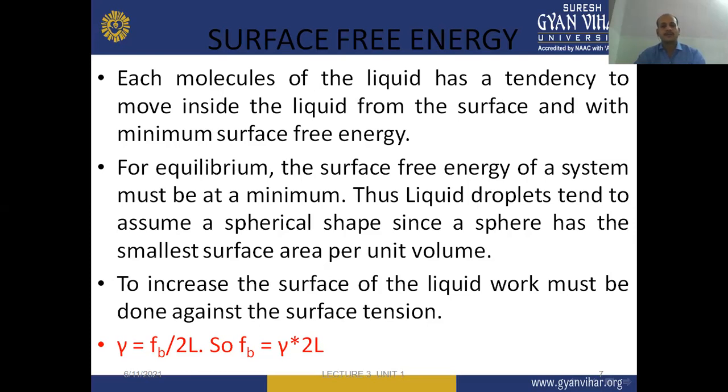When we go through the three-sided wireframe experiment, as we discussed in the previous lecture, we can define the value of surface tension. So surface tension is Fb by 2L. Fb is the force required to break the film, which will be equal to gamma multiplied by 2L.